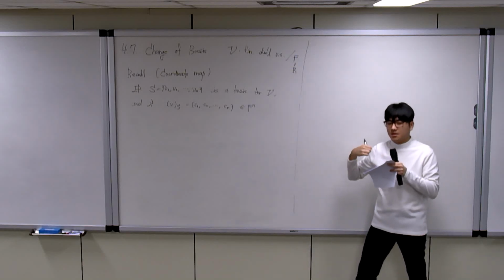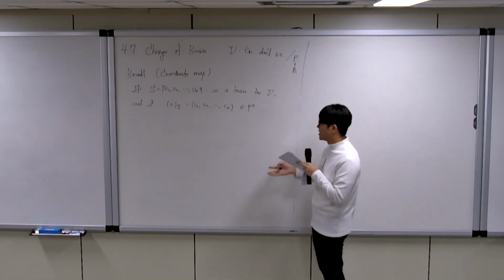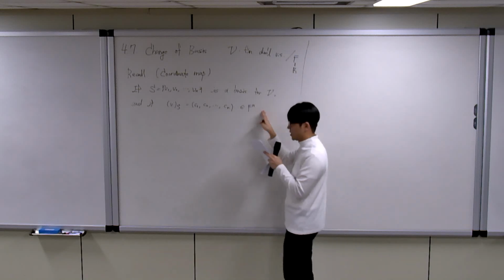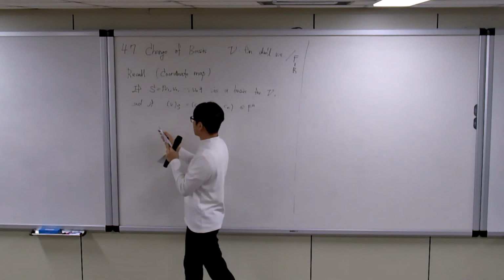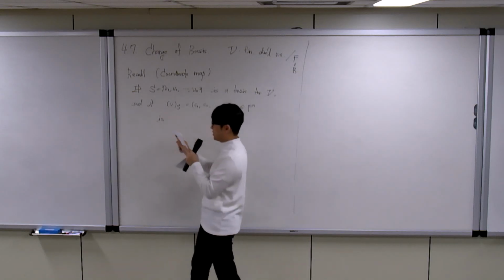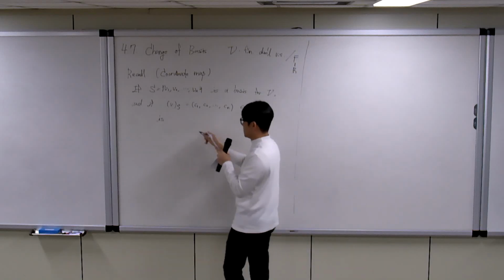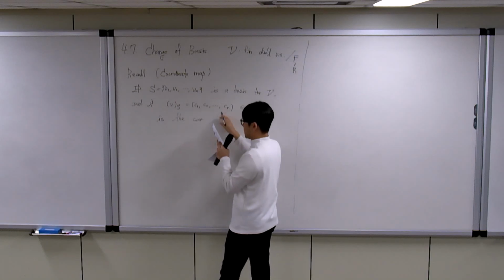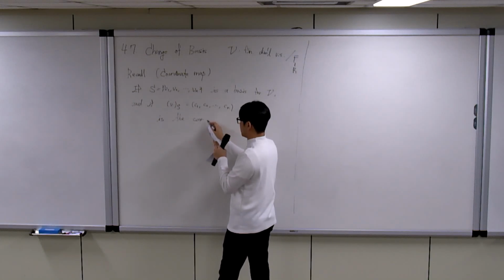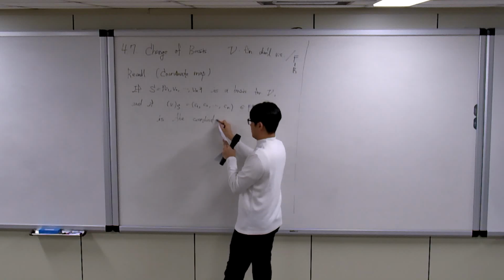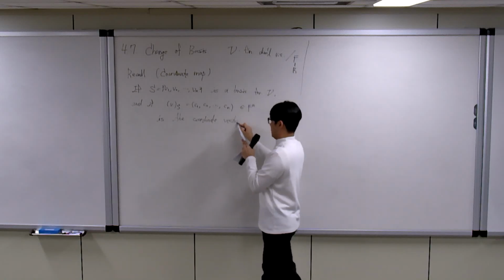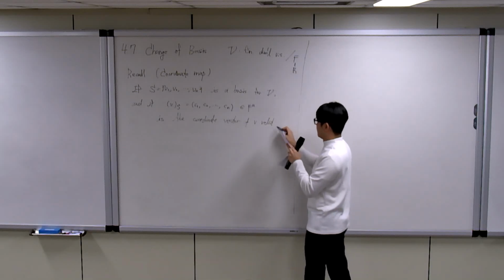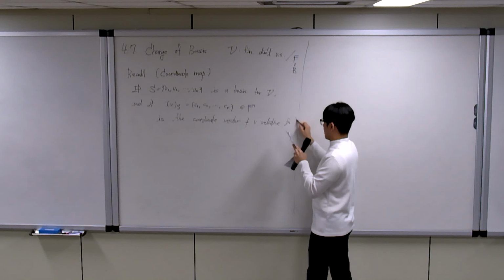We just represent it, we just express it as an element of here. So it can be considered as a map, and that is the coordinate vector of v relative to S.